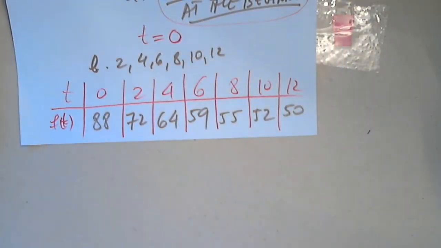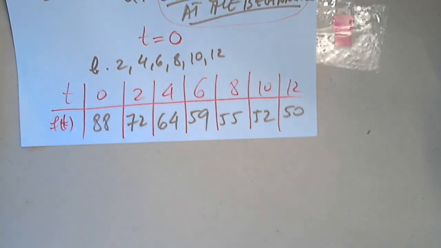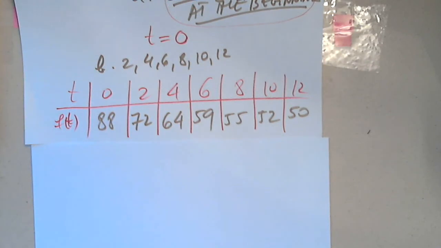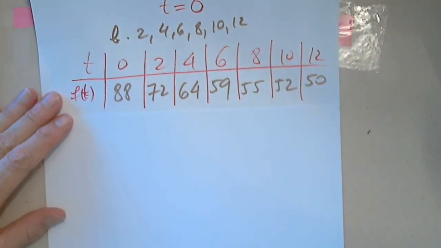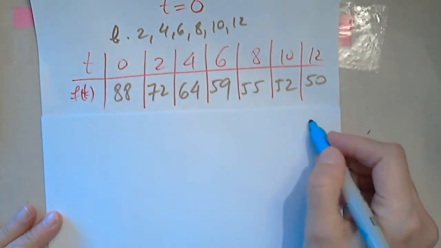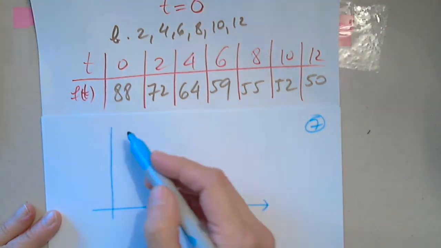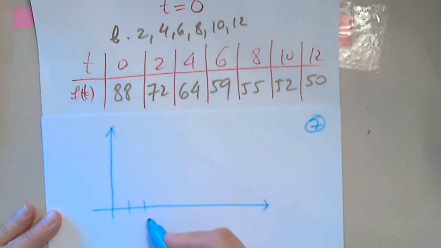Okay, so let's graph the function. These 2 types of paper are different, and that's why they don't cooperate at all. Okay, so let's graph. 0, 2, 4, 6, 8, 10, 12, t.